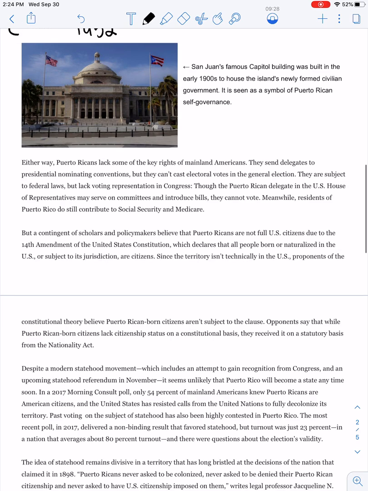But a contingent of scholars and policymakers believe that Puerto Ricans are not full citizens due to the 14th Amendment of the United States Constitution, which declares that all people born or naturalized in the U.S. or subject to its jurisdiction are citizens. Since the territory isn't technically in the U.S., proponents of the constitutional theory believe Puerto Rican-born citizens aren't subject to the clause.